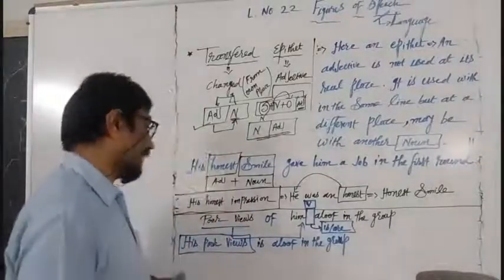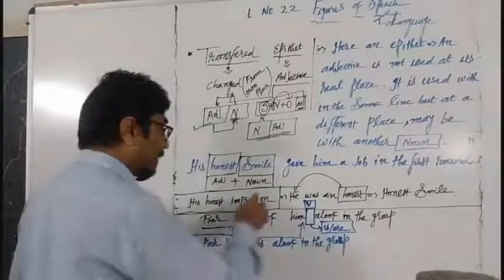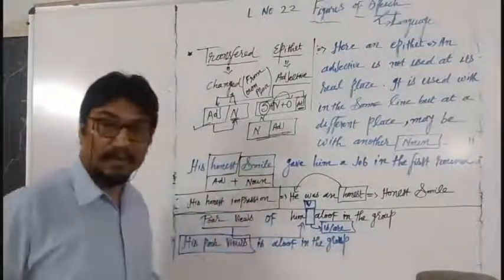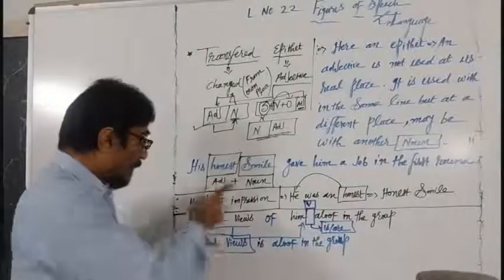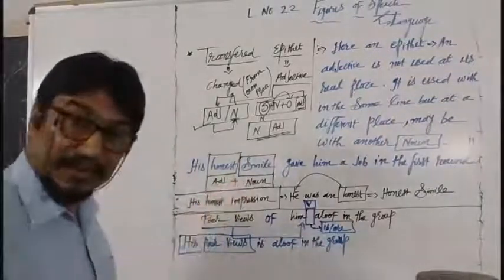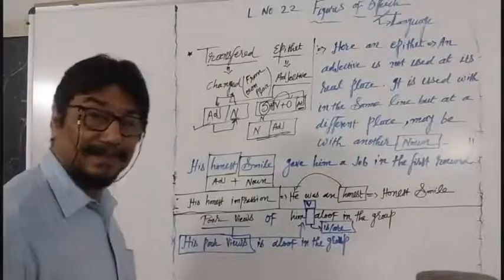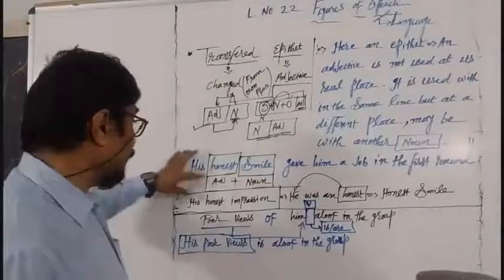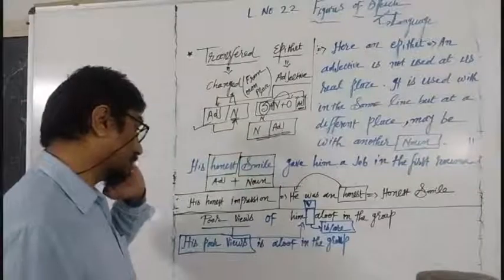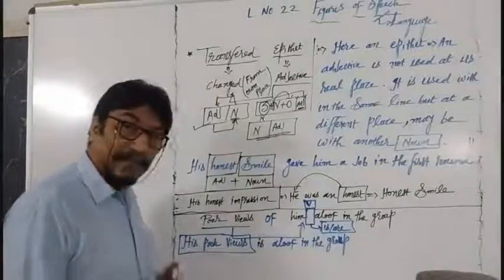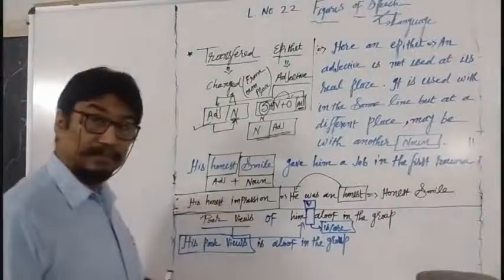His honest smile. Think about it. Smile is a noun, honest is an adjective. An adjective and noun combination is used over here, but not at the real place. His honest smile means what? His honest impression.